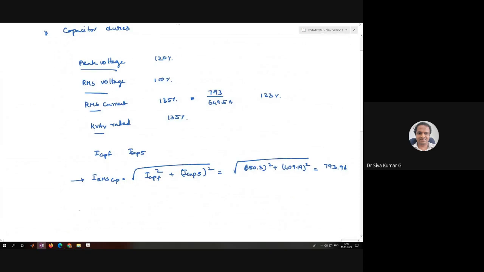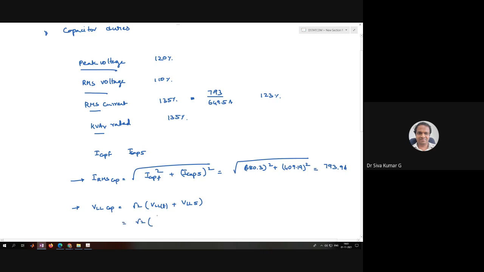Next, we'll try to evaluate the peak voltage across the capacitor. This value, which we got here, is the line to line voltage across the capacitor at the fundamental, plus the VLL of the fifth harmonic.